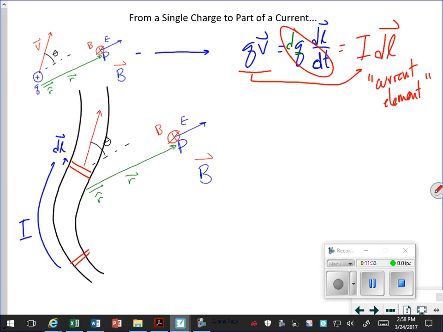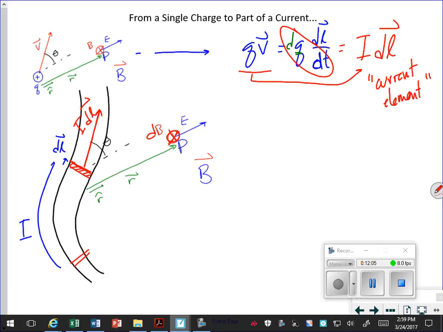So this vector right here is now a vector that I'll call IDL. And this field right here is the field made by this little current element. So it's actually one of the many infinite number of little tiny fields made by all the little tiny current elements in that wire.